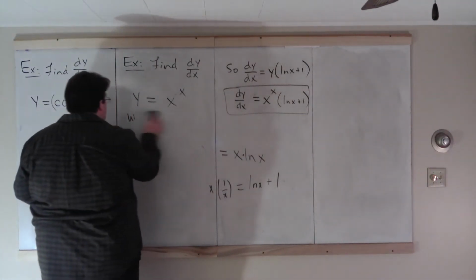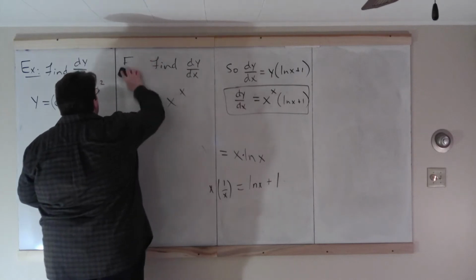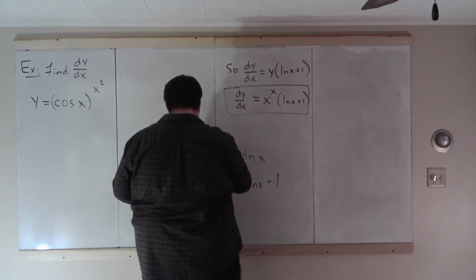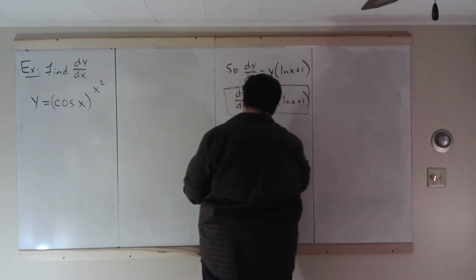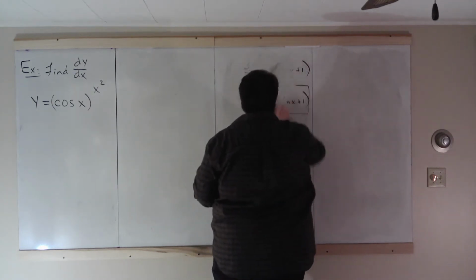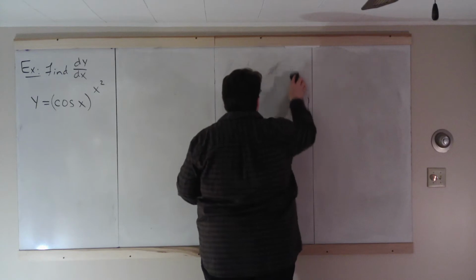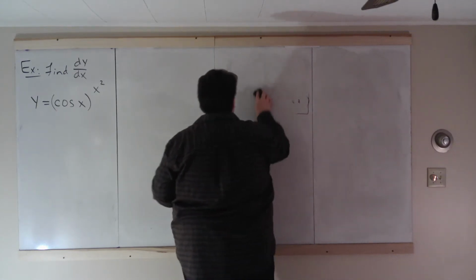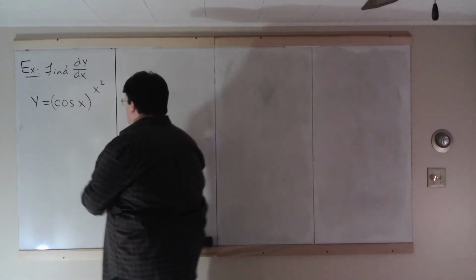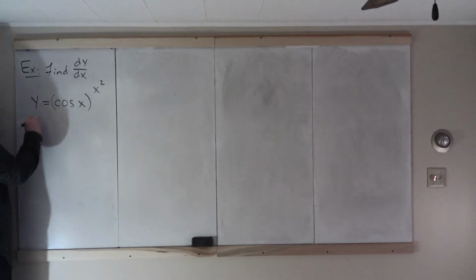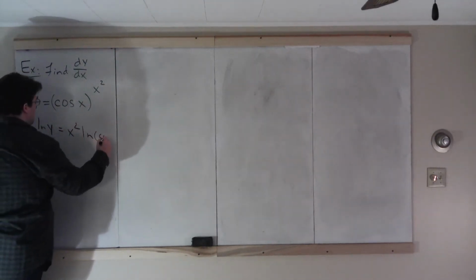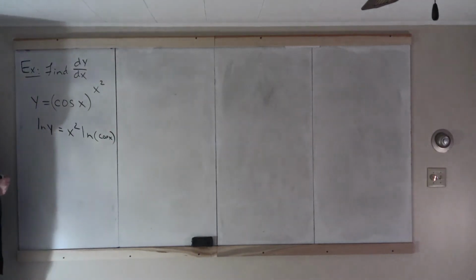We'll throw a logarithm on it, turn it into a product, and then differentiate implicitly, and then solve for dy dx. So what do we get? Well, take a logarithm. Log of y equals x squared log of cosine of x.